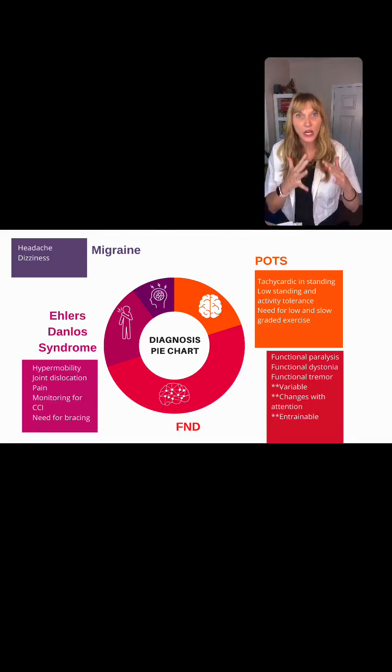But the person might also have a functional neurologic disorder. If the dystonia is invariable, meaning it doesn't change with different environments, it's a very consistent pattern, that's an idiopathic dystonia.